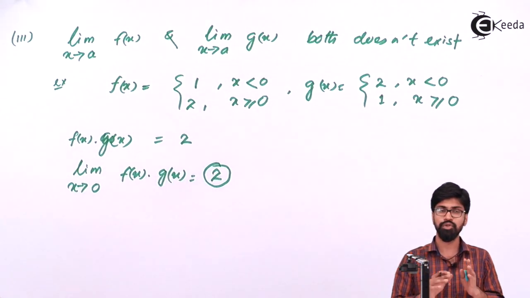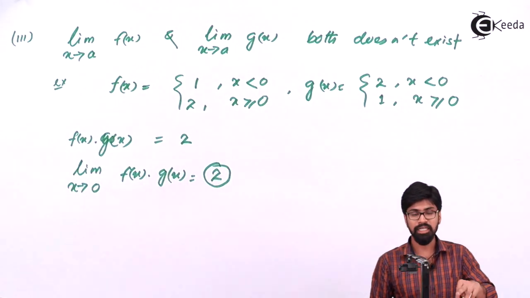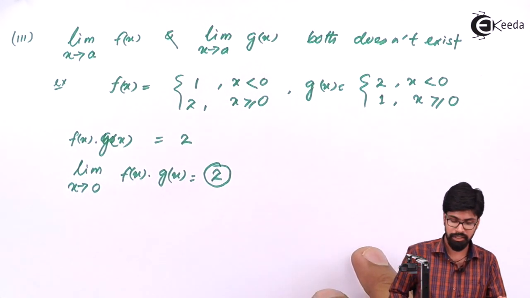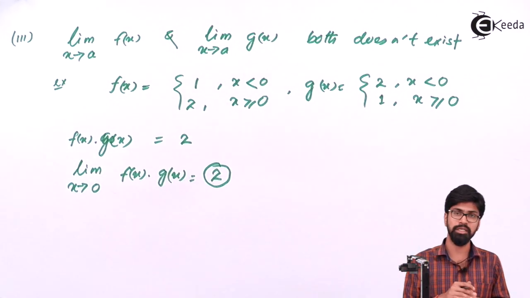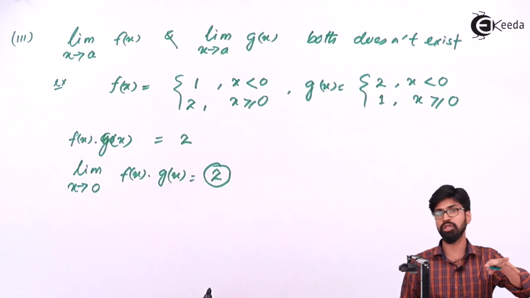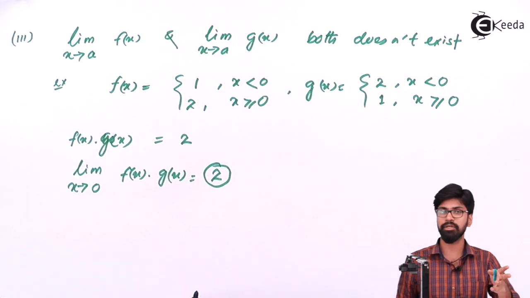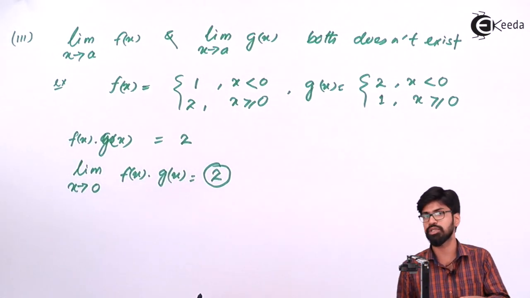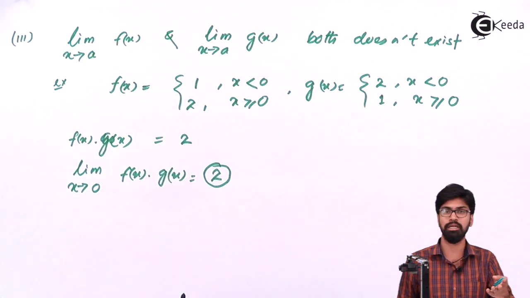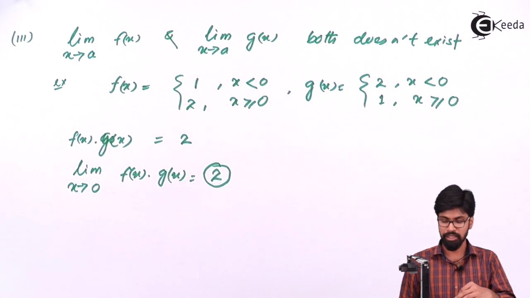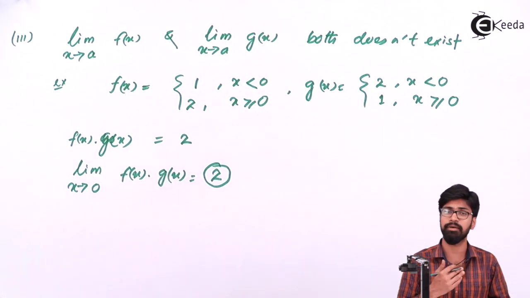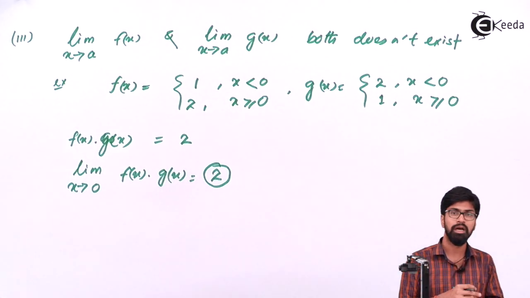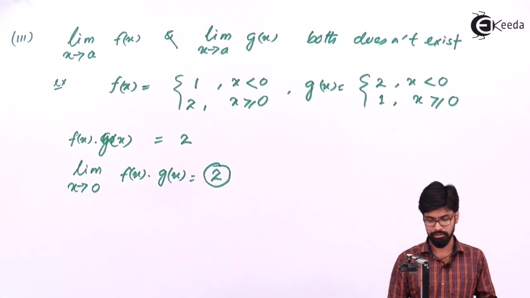The first one says कि both the limit exists, and in the second case we say both the limit doesn't exist. तो इन केस ऑफ प्रोडक्ट ऑफ टू फंक्शन हमारे पास तीन केसेस हैं. फर्स्ट केस बोलता है कि बोथ द लिमिट एग्जिस्ट करता है. सेकंड पॉइंट ये कहता है कि एक फंक्शन का लिमिट एग्जिस्ट करेगा, दूसरे का नहीं करेगा, तब भी हमारे पास प्रोडक्ट का लिमिट एग्जिस्ट करते हुए मिलेगा. थर्ड पॉइंट ये कि बोथ लिमिट f of x एंड g of x का अगर एग्जिस्ट नहीं भी करेगा तब भी हमारे पास ऐसे फंक्शंस हैं जिनका प्रोडक्ट हमें लिमिट एग्जिस्ट करते हुए दिखा देगा.